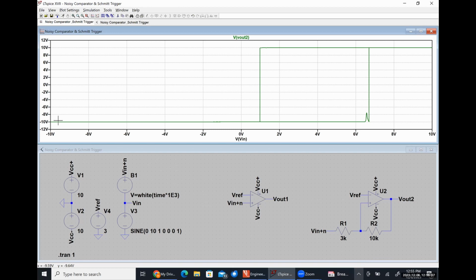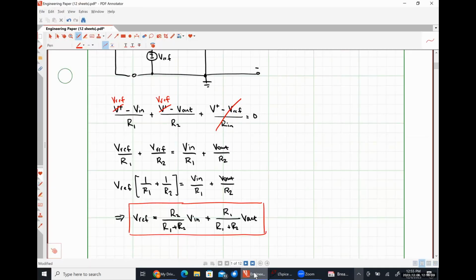So this equation that we've derived is actually going to help us figure out what those transition voltages are. They have special names. They're called the upper and lower trigger limit, and they're what causes our output to switch from low to high and high to low respectively. Okay.